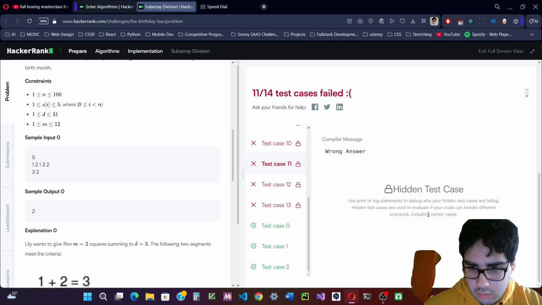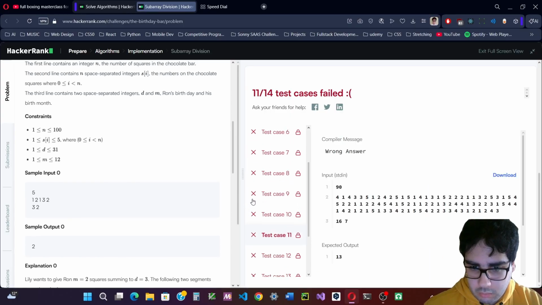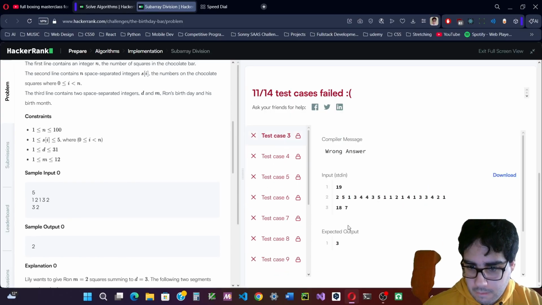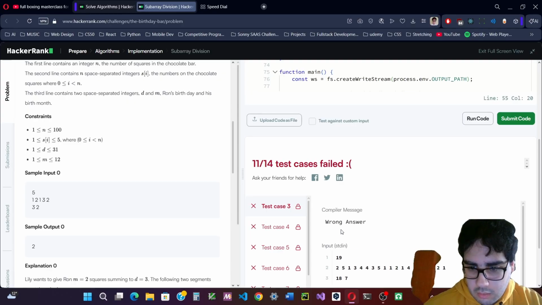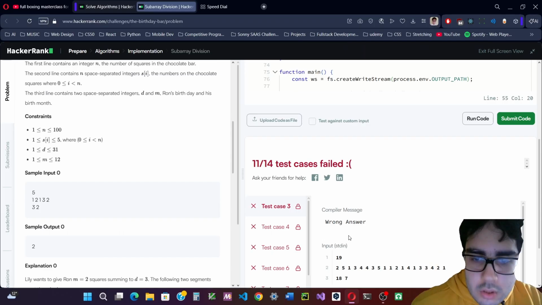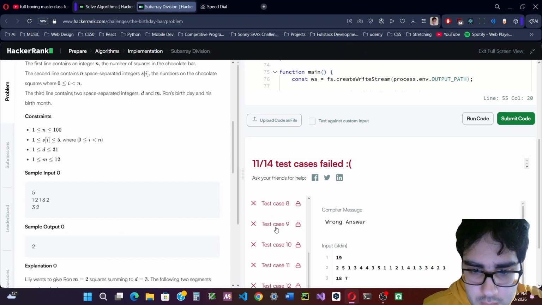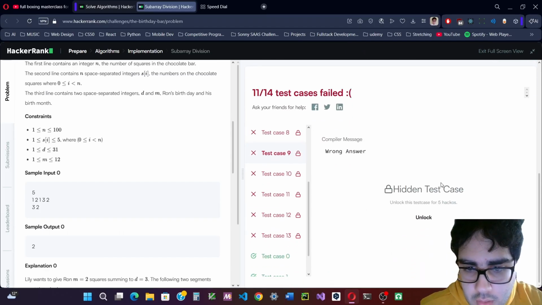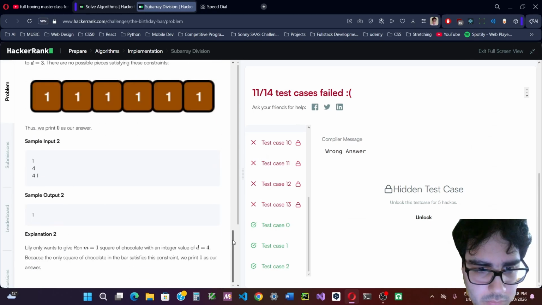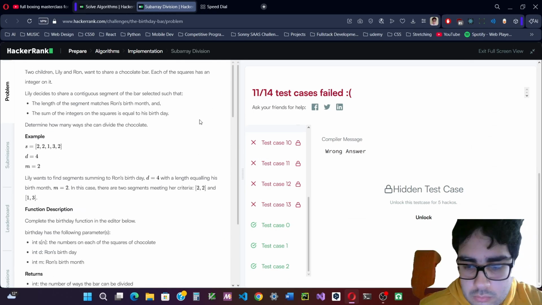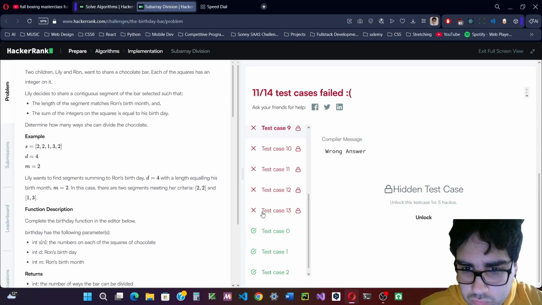Oh my god, that's way too long. 18 and 7. 10 and 7. Shoot.